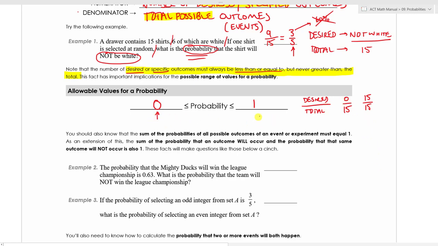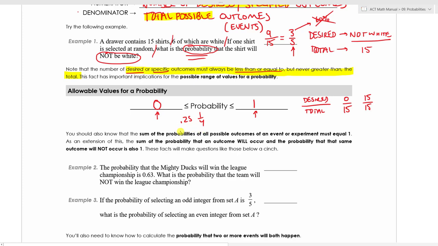So again, probability values range between 0 and 1. They can be expressed as fractions. They can be expressed as decimals. Again, unless the question specifically says what is the percent chance that something will happen, we should not be expressing probabilities as percentages. So 0.25, 1/4, those would be valid values for the value of a probability.